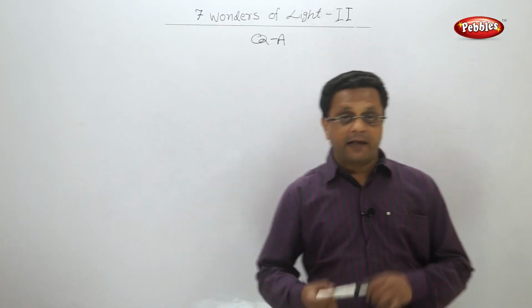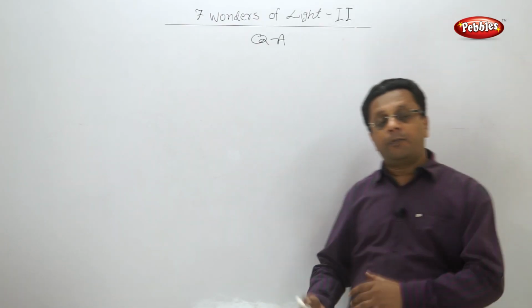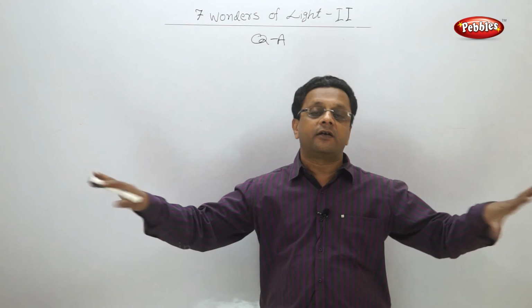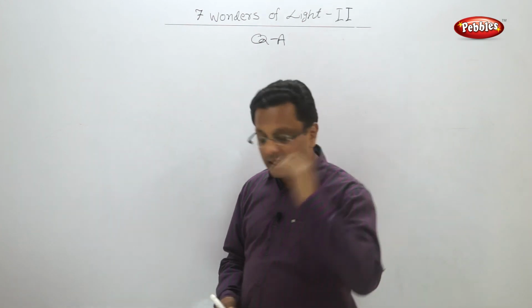Explain the term optically rarer medium and optically denser medium with example. Now, dense and rare and optically dense and optically rare are different terms. Okay, let us see how. Whenever the medium is rare, its refractive index is less.